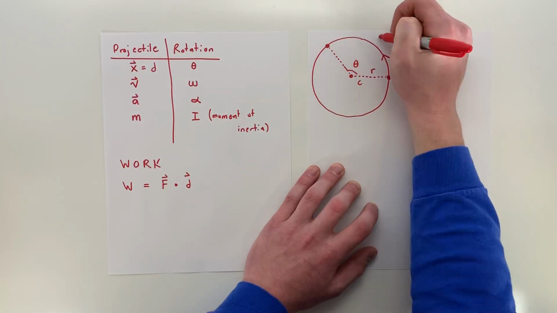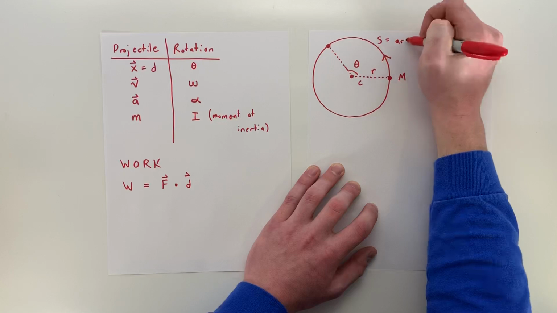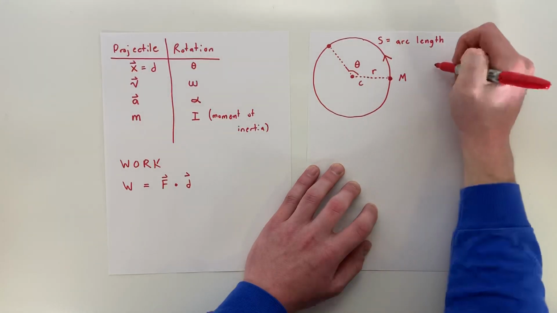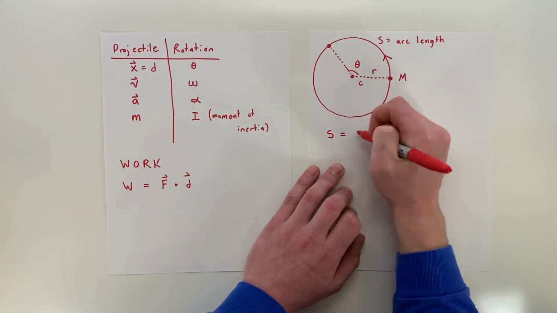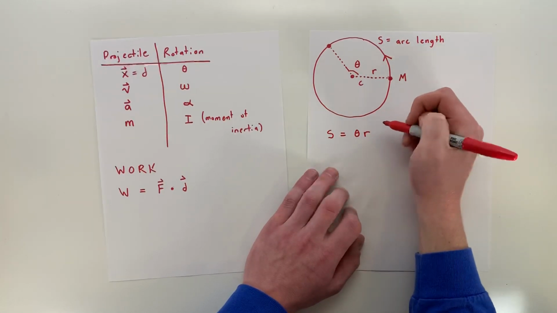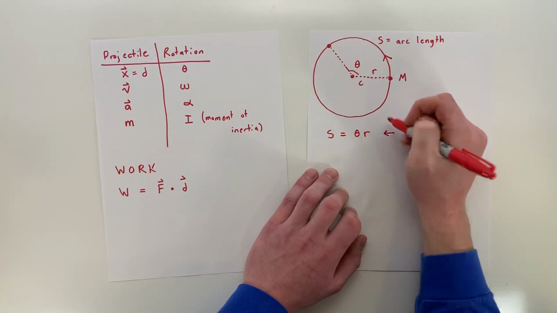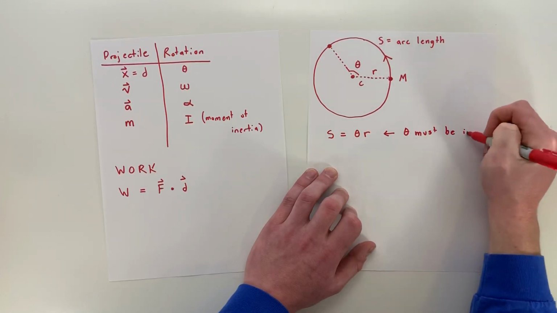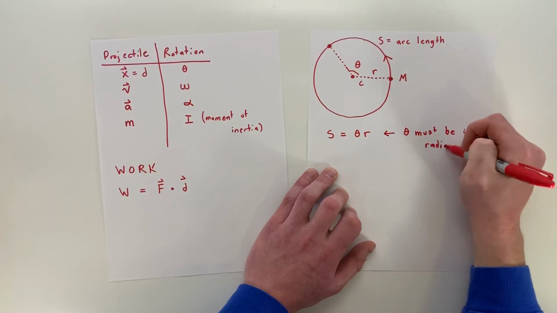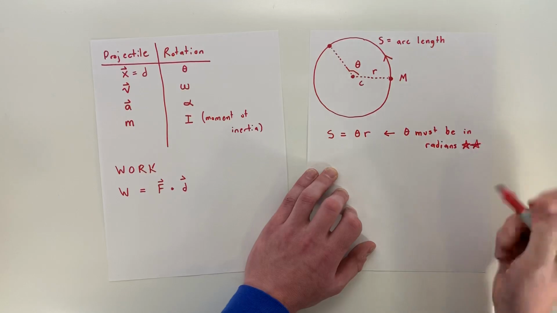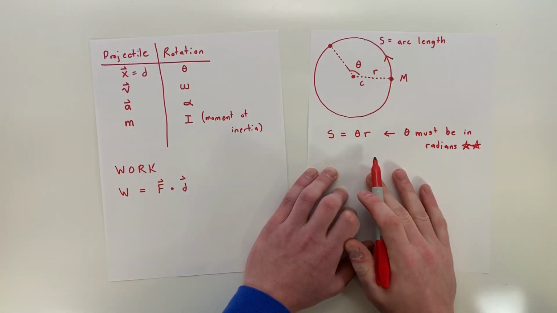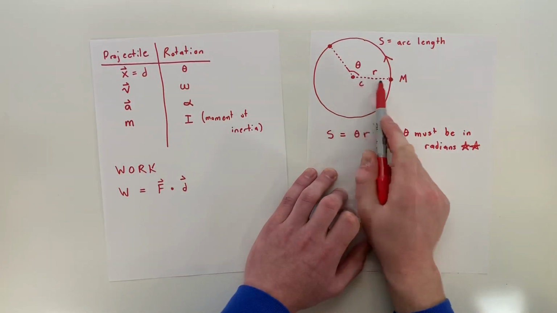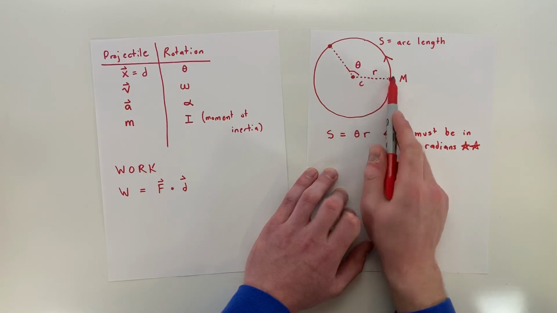The arc length is denoted S, and the formula is S equals theta R. It's very important to remember that theta must be in radians, or else this formula won't work. The reason is that a radian is the distance of a radius around the circle.